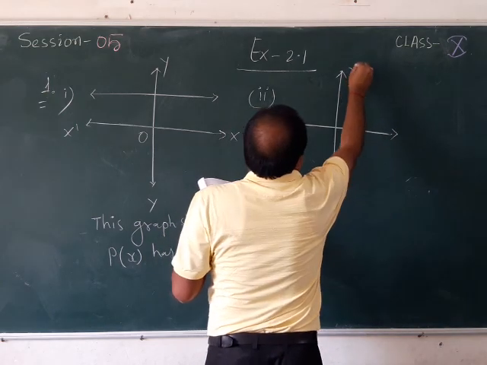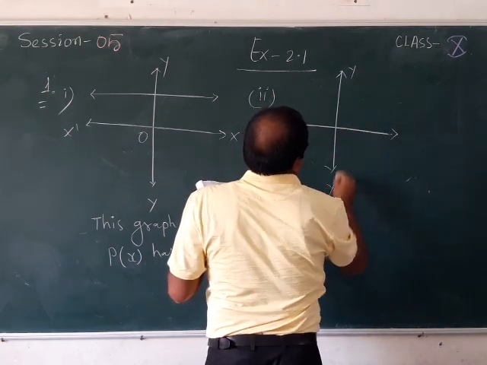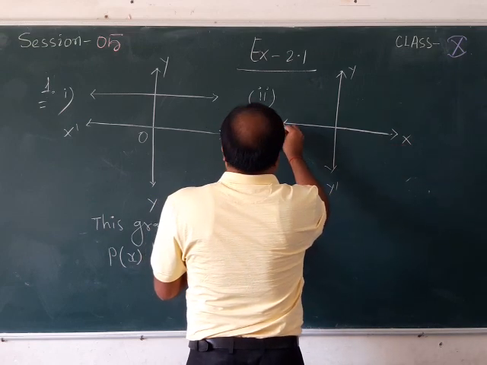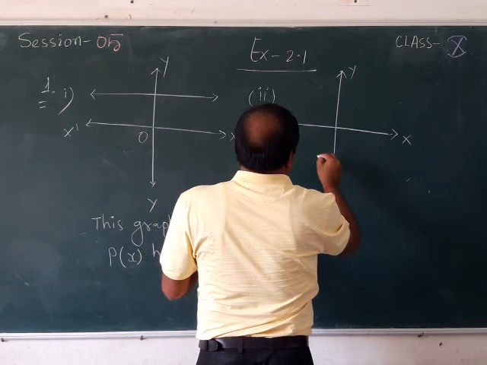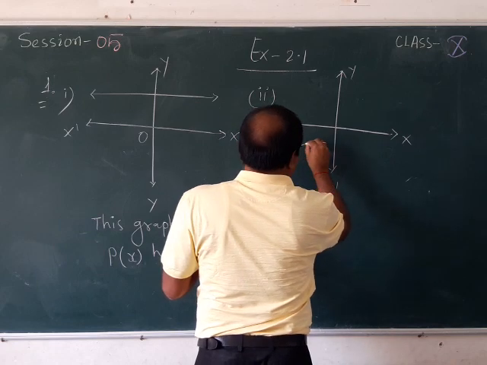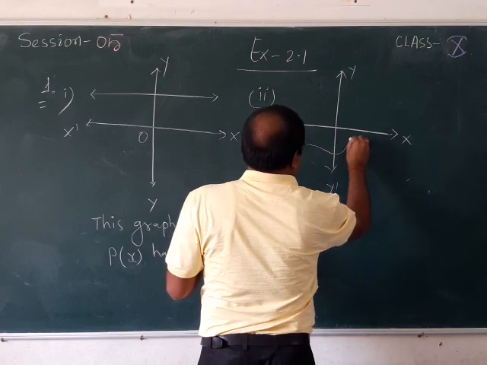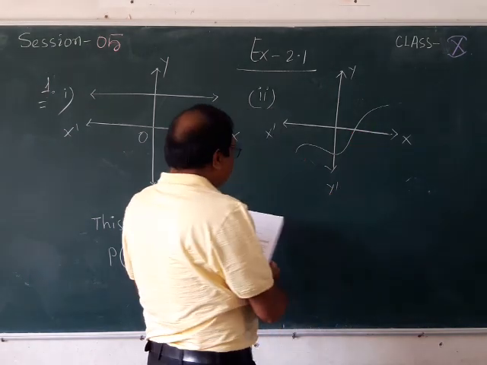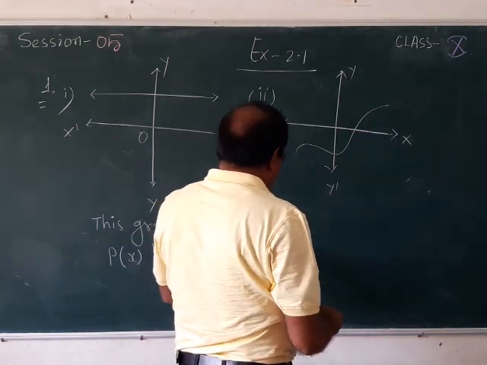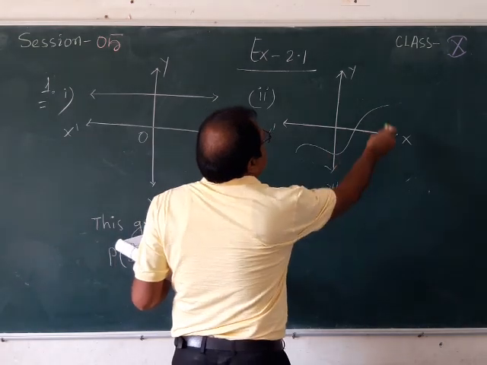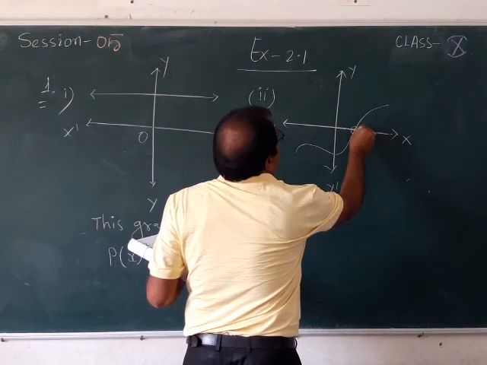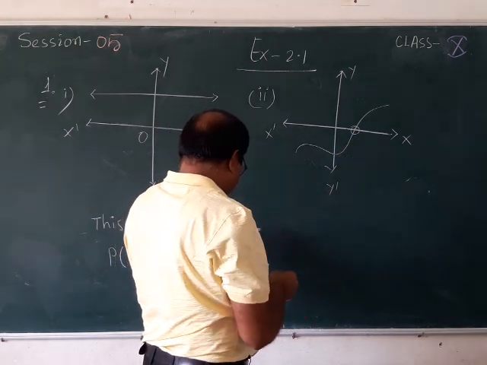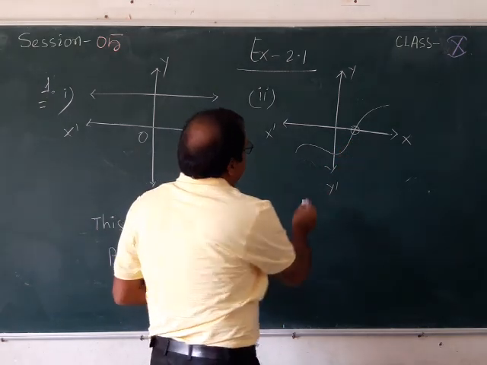Here it is y and here is the x axis, and you can see the graph is like this. Here they are asking how many zeros are there. This graph is intersecting the x-axis at how many points? You can see at one point it is intersecting, that means this graph shows p(x) has 1 zero.